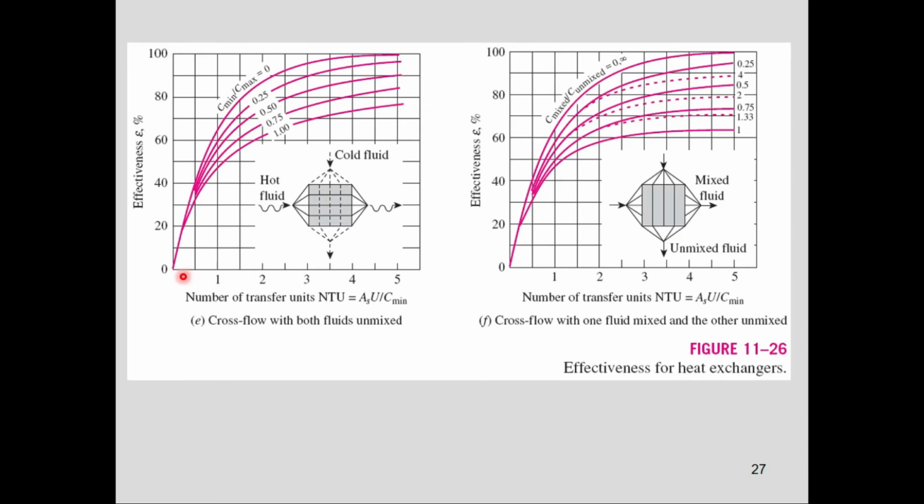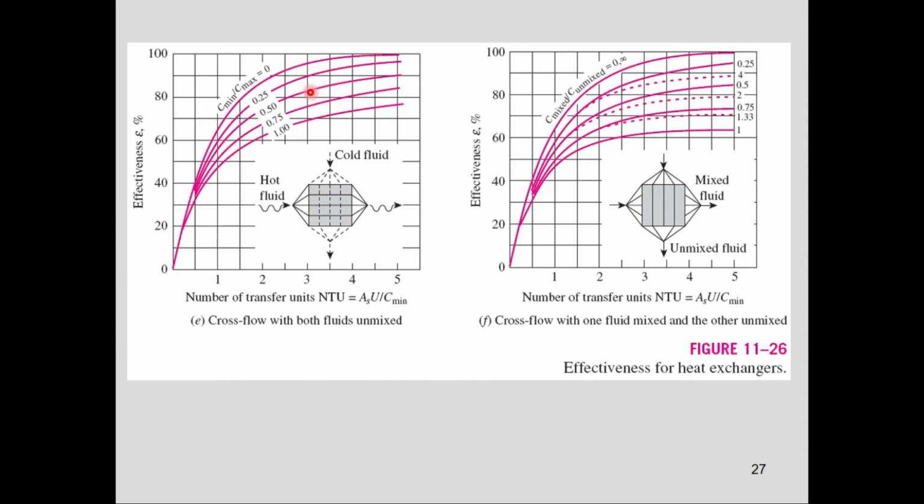If the NTU is changing in this region, from 0 to 1.5, the effectiveness changes very rapidly. If the NTU is changing from 3 to 4, the effectiveness is changing very slowly, and the change in the effectiveness is very small.